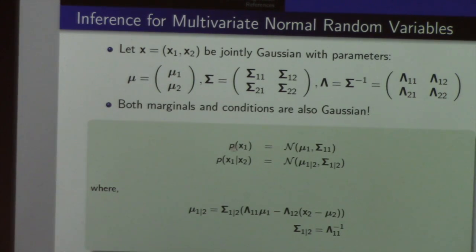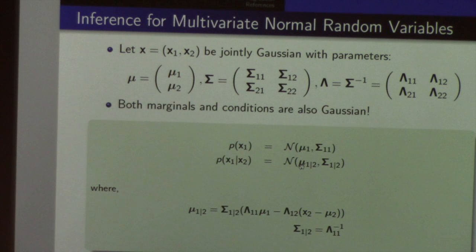So in fact, if you compute the marginal for any one of these, it would just be a Gaussian with mu1 as the mean and sigma 1, the corresponding part of the covariance matrix, as the covariance. And the same way you can also compute the conditional. What is the probability distribution of x1 given some value of x2?